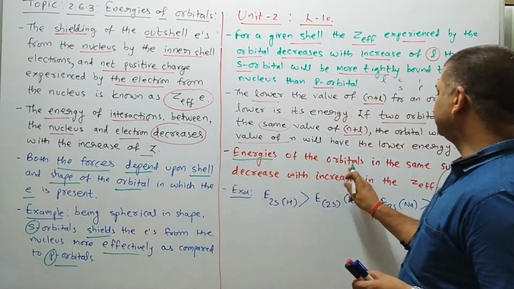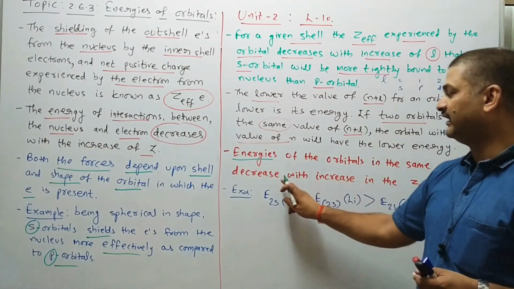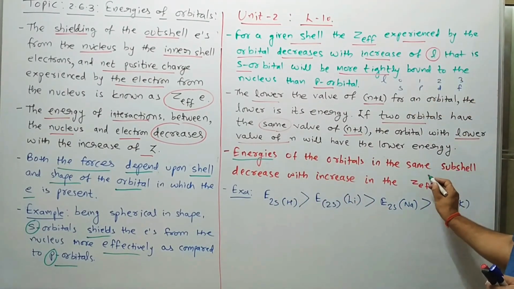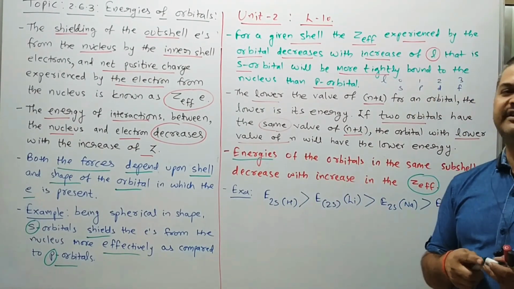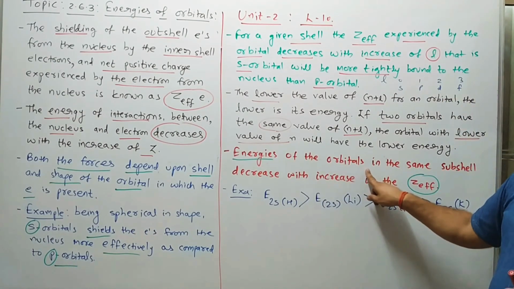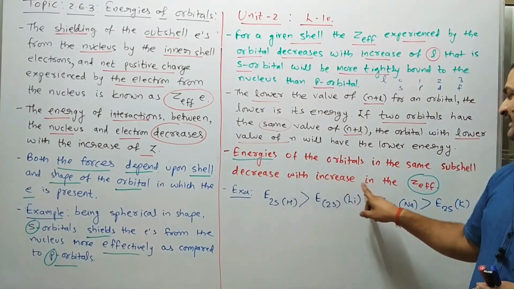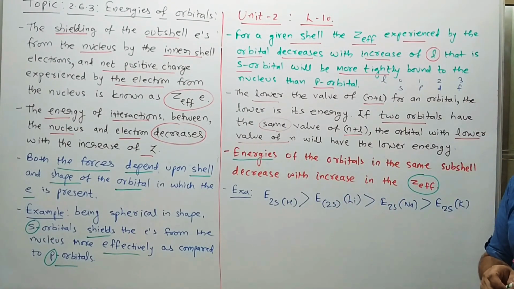Now next one: the energy of an orbital in the same subshell decreases with increase in effective nuclear charge. Clear? Again I am repeating: the energy of the orbital in the same subshell decreases with increase in effective nuclear charge.